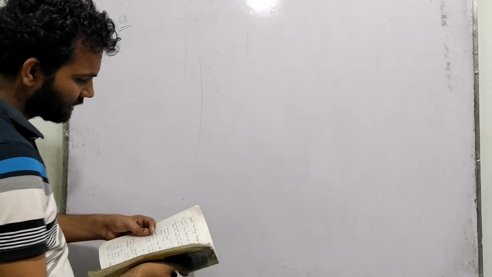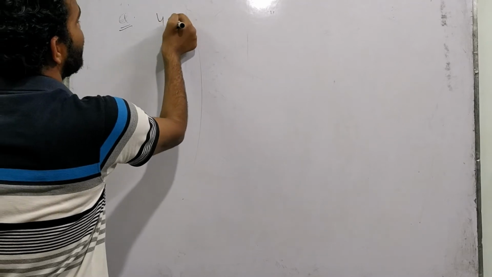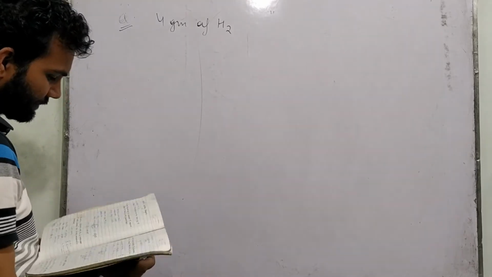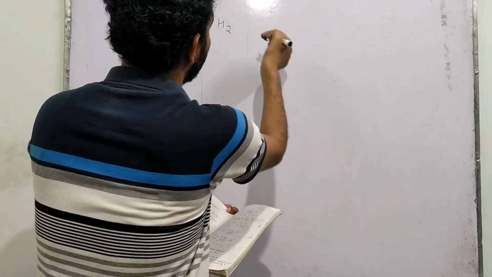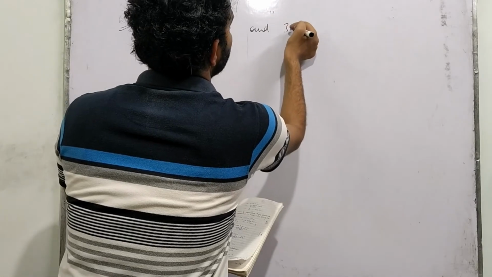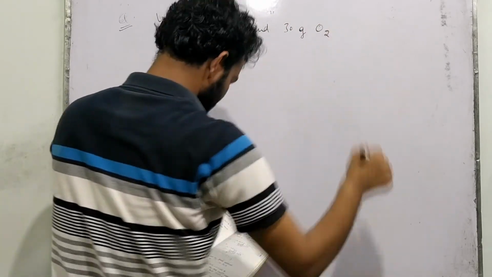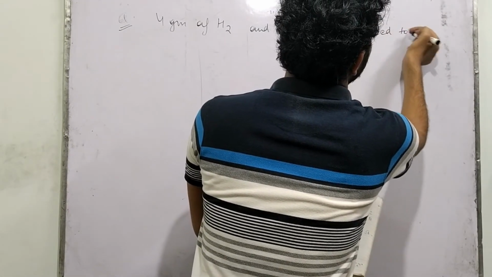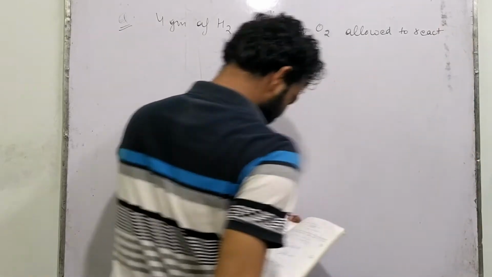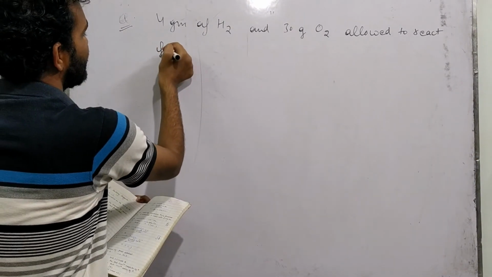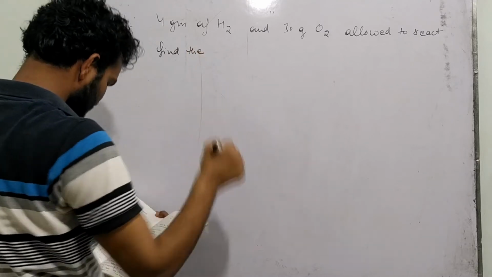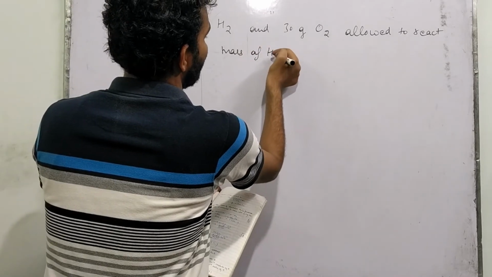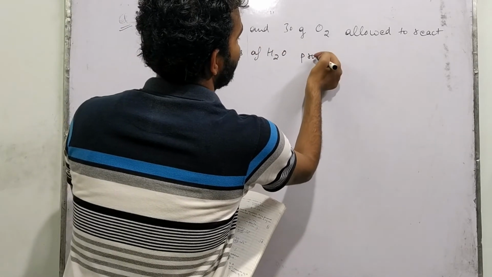What are the limiting reagents? From one of my notebooks: 4 gram of hydrogen and 30 gram O2 are allowed to react, find the mass of H2O produced.